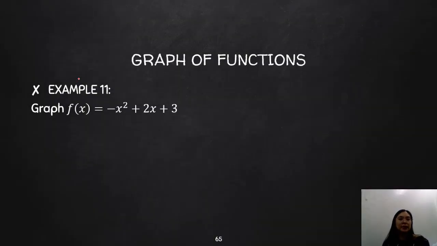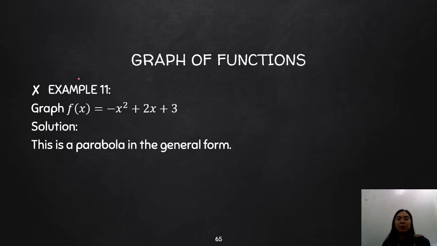So, let's take a look at another example. Graph f of x is equal to negative x squared plus 2x plus 3. So, this is a parabola in your general form, f of x is equal to ax squared plus bx plus c. Hindi ko na yata na-review yung parabola sa inyo. But anyway, please do help yourselves in reviewing your parabolas.